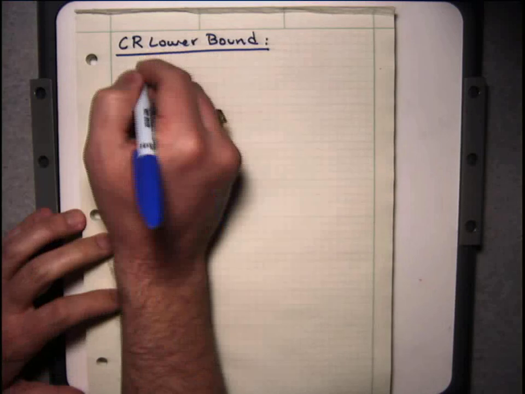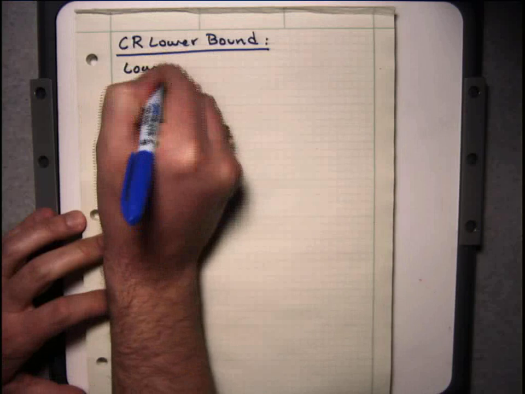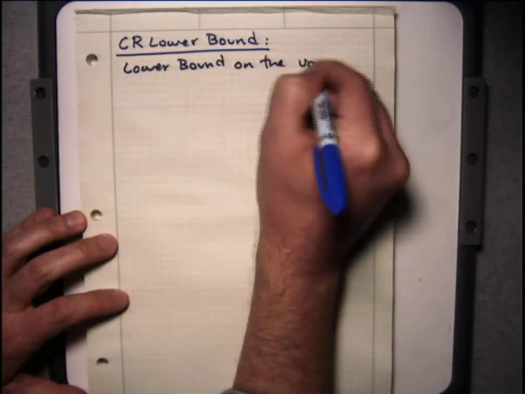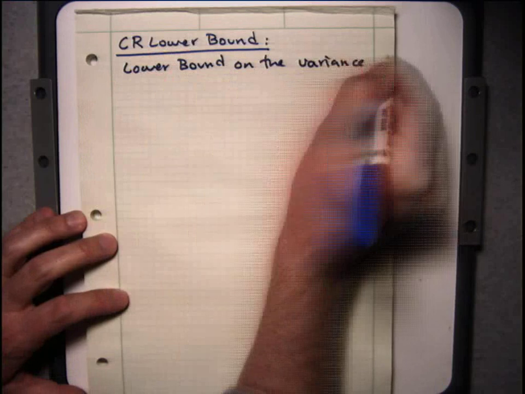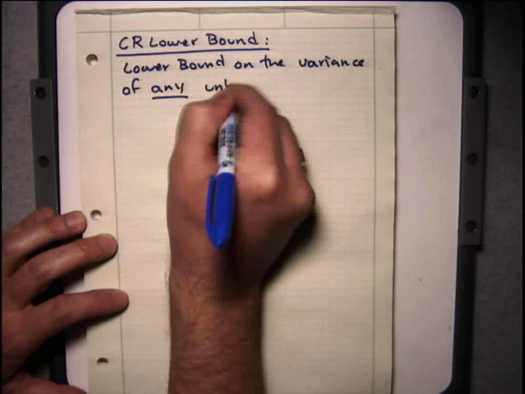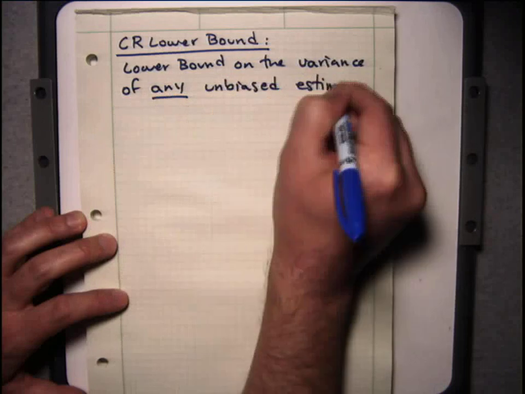So this gives a lower bound on the variance of any unbiased estimator.